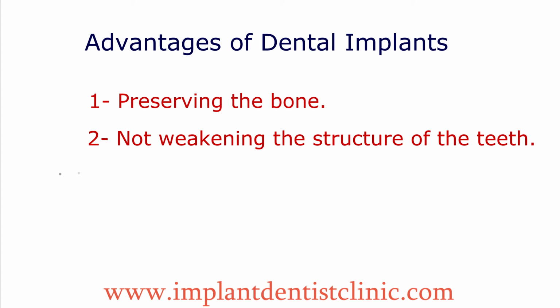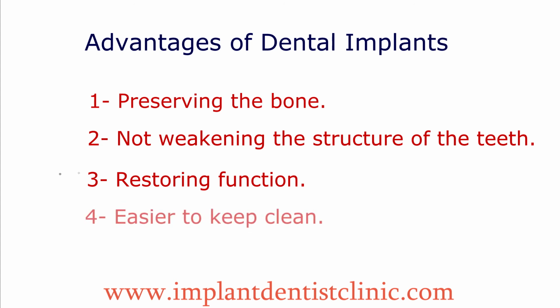We don't have to touch the adjacent teeth at all when we're doing an implant. The third advantage would be that, all in all, we're restoring function back again. And our fourth advantage would be that we are making it easy to keep clean.